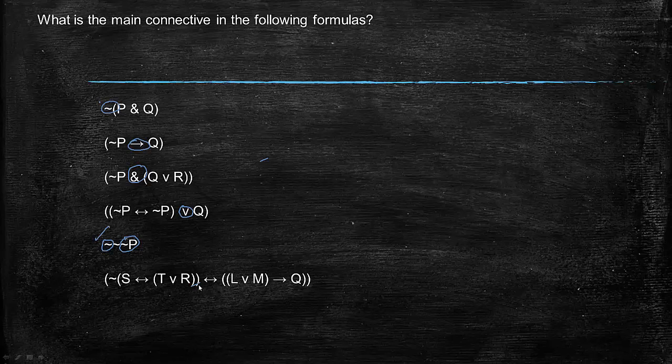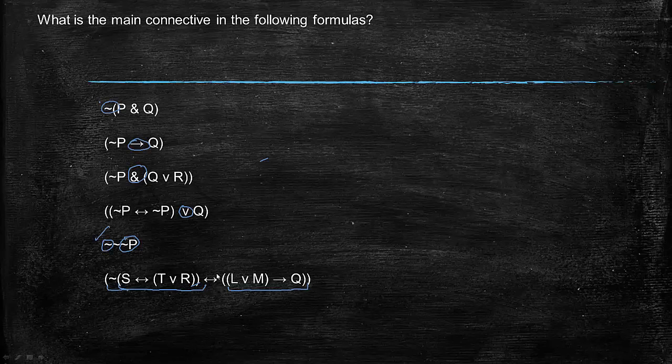And then finally, what's the main connective here? Well, this is pretty big. We can see it's not this conditional because that links these two formulas together. We can see it's not this conditional because that links these formulas. Actually, it links these formulas together, right?